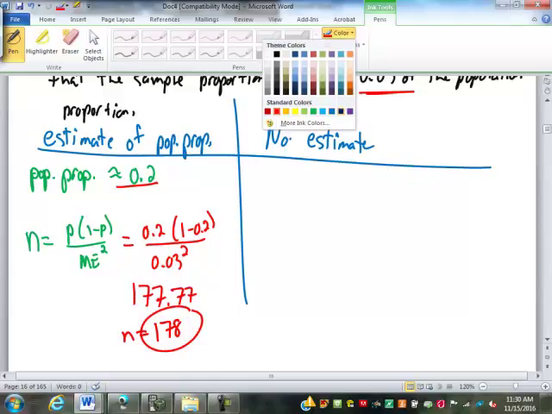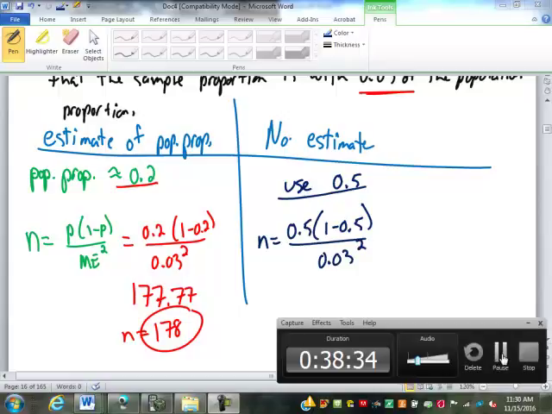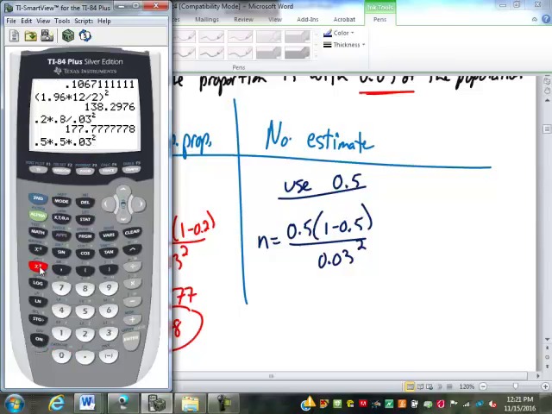If we don't have an estimate, then we're going to have to use 0.5. So now n is going to be 0.5 times 1 minus 0.5 over 0.03 squared. So if we punch this into the calculator, 0.5 times 1 minus 0.5 is also 0.5. Now notice there's no parentheses around the 0.03, because it's just the margin of error that's squared here.